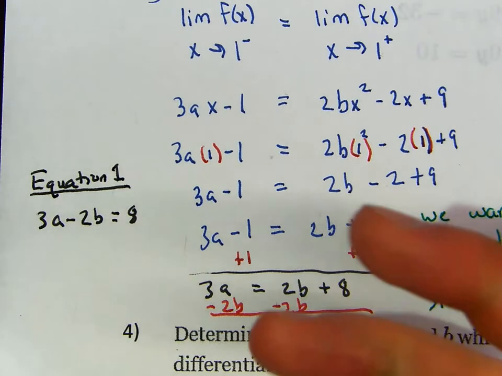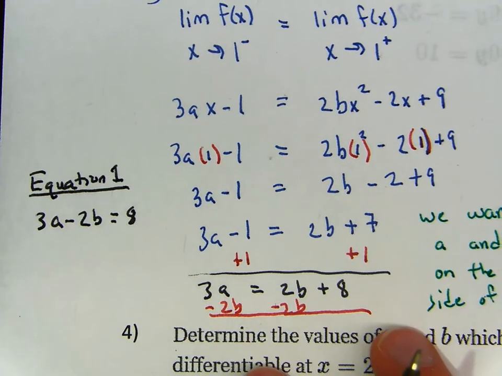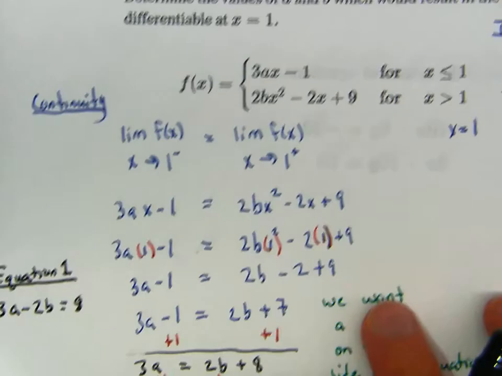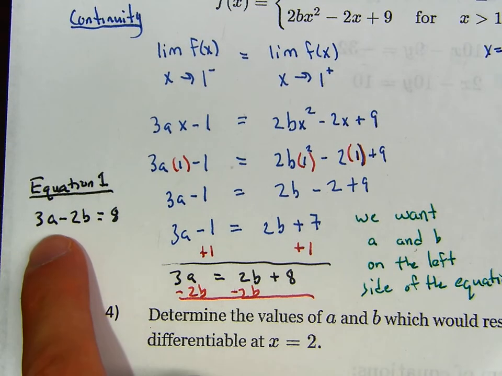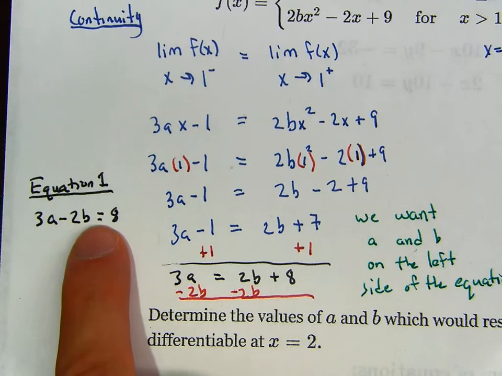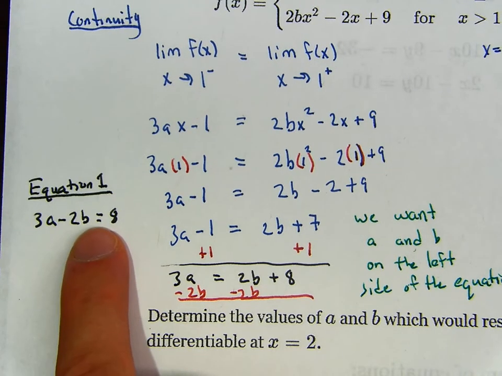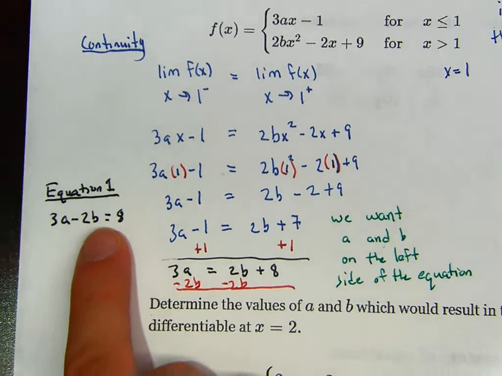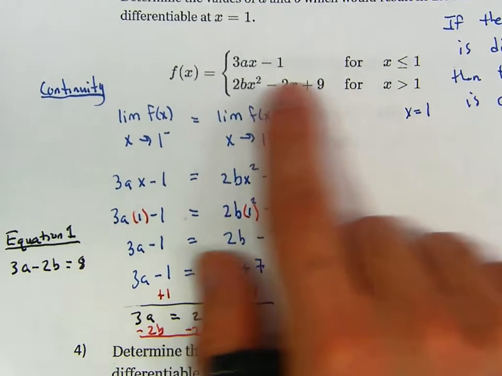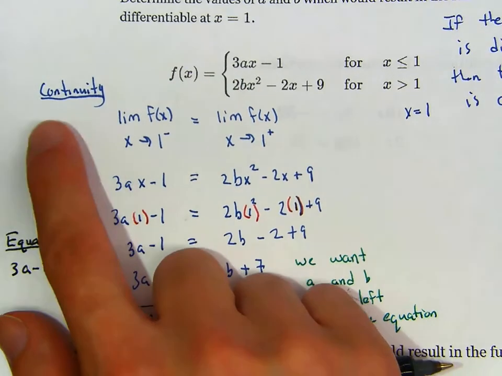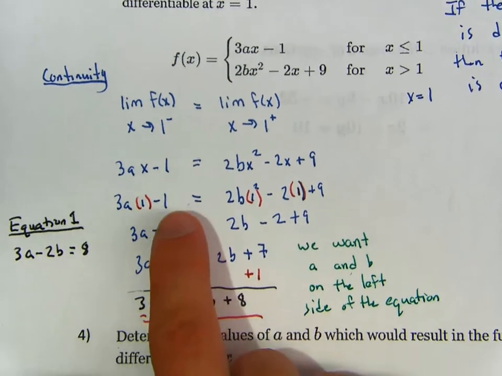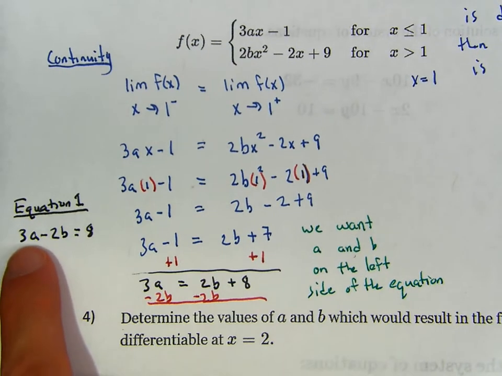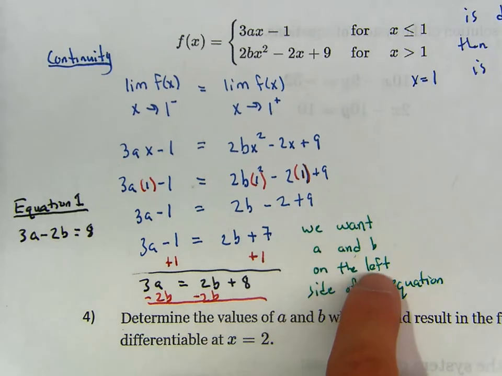Okay, this is one equation. The game plan is we're going to create a system of equations with 2 equations. So notice that the first equation we have is 3a minus 2b equals 8. And how did we do this? Let's just review. We know that the function is differentiable, so then it must be continuous. We plug in the 1 for the x, and we create an equation with a and b on the left side.